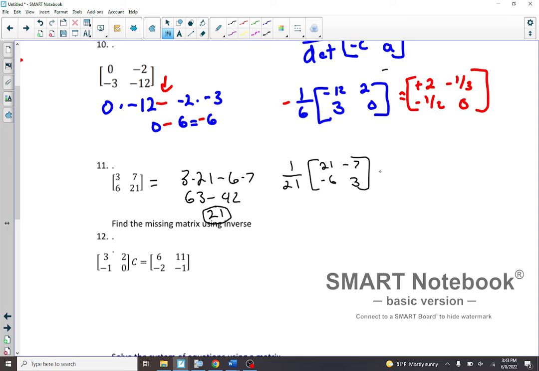So negative 7, negative 6. So 21 over 21 is 1. Negative 7 over 21 is negative 1 over 3. Negative 6 over 21 is negative 2 over 7. And 3 over 21 is 1 over 7. So that's your final answer.